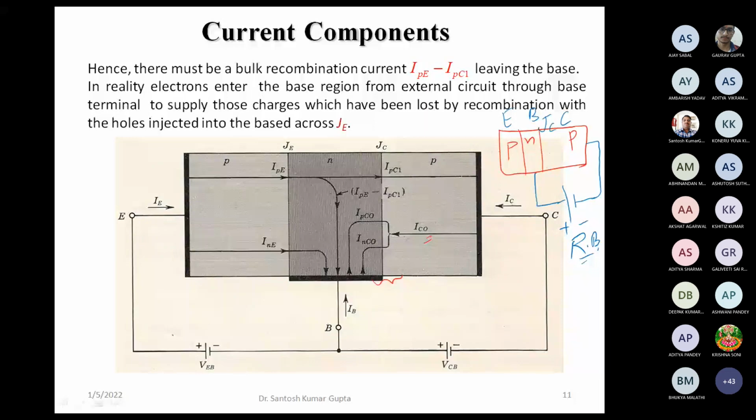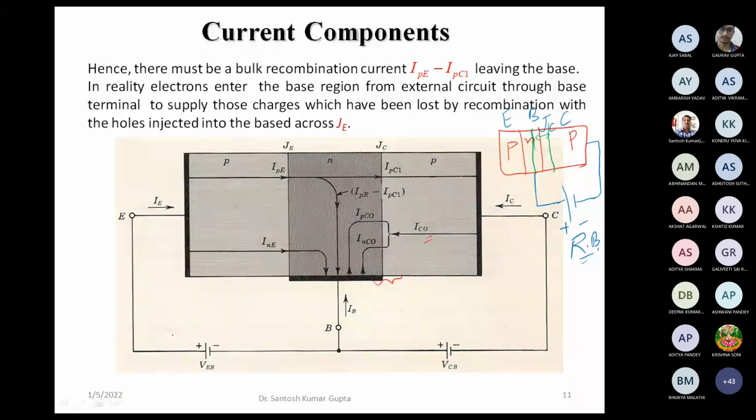With this, we will see a depletion region. In the depletion region, on the P side we have the acceptor ions, and on the N side we have donor ions.